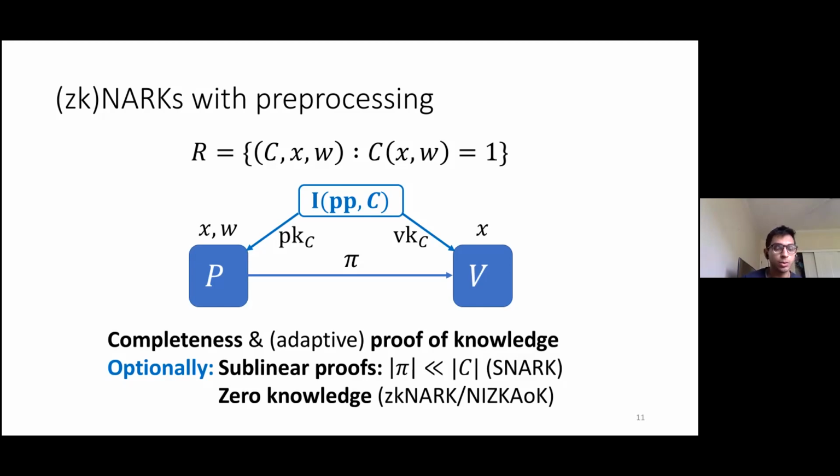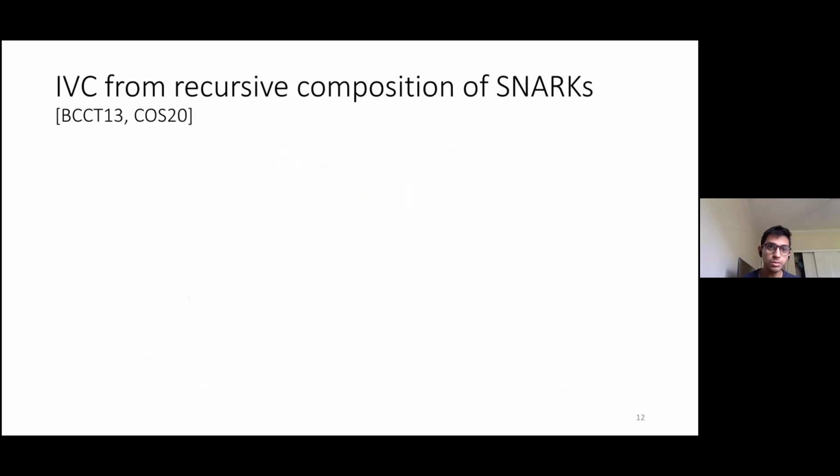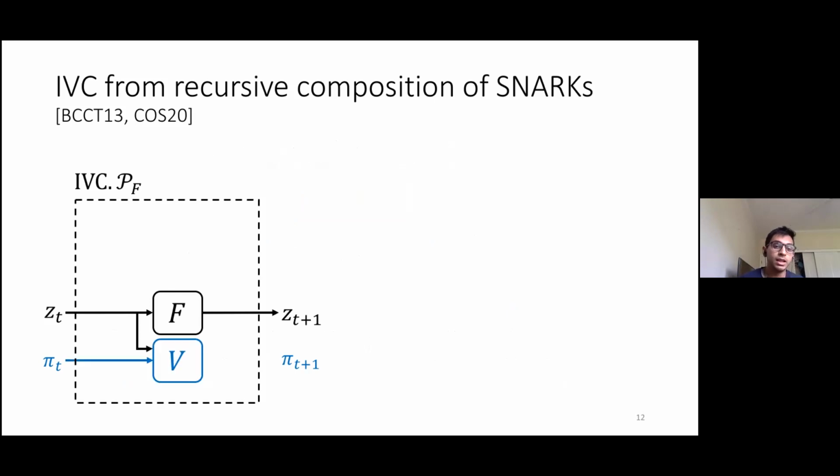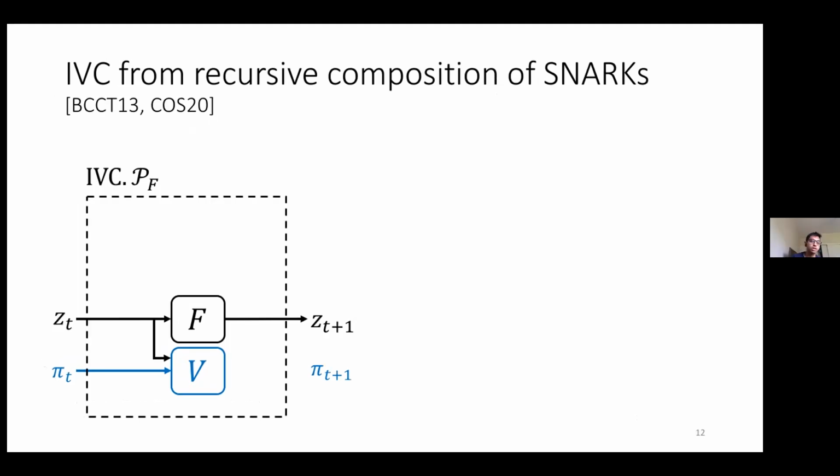So let's see now how we can construct IVC from succinct NARKs or SNARKs, right? So the construction is very simple. The IVC prover first invokes F on the input zt to produce the next step output zt+1. And then it constructs a recursive circuit which contains F as well as a copy of the SNARK verifier V, right?